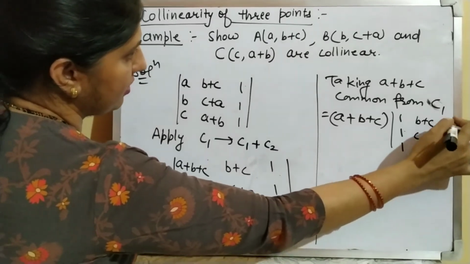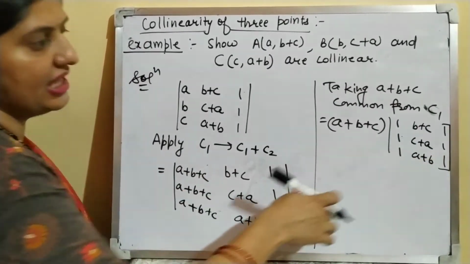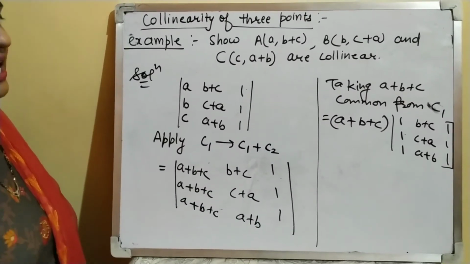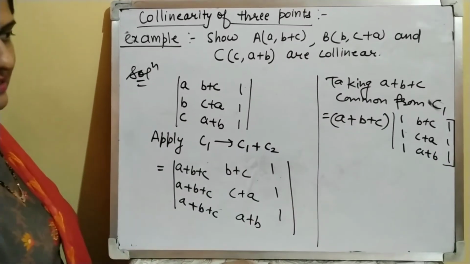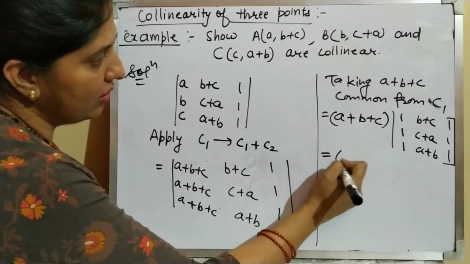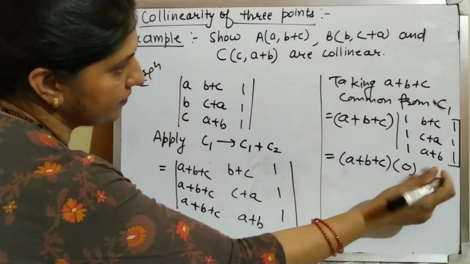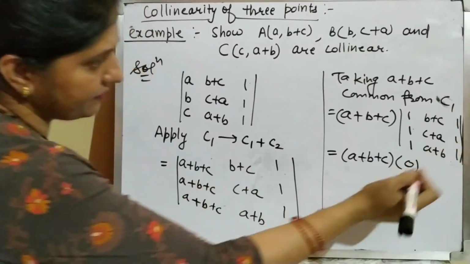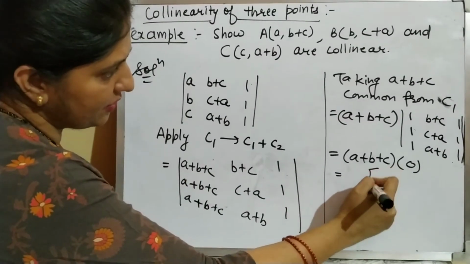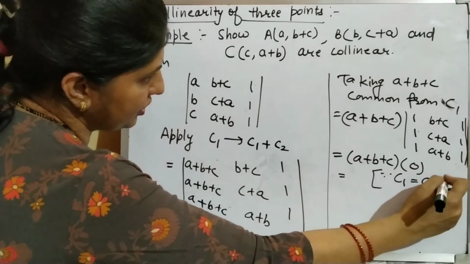1, 1, 1. Now, C1 and C3 are the same. All the entries in column 1 and column 3 are the same. So the value of the determinant is 0, because column 1 is equal to column 3.